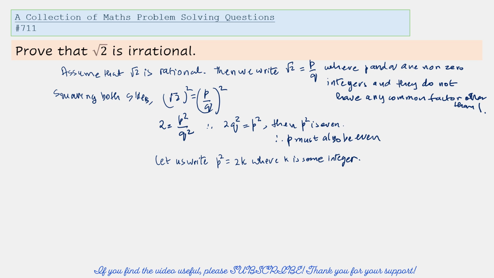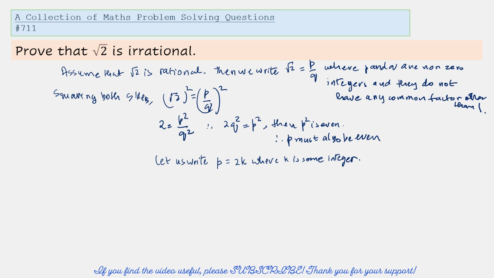Now what happens to 2q square? Actually, instead of writing P square, I think we need to write P is 2k, because then we can do the square of that, because ultimately we have to prove it by contradiction, saying what we have said before is incorrect. So if we say P equals 2k, then it's going somewhere.